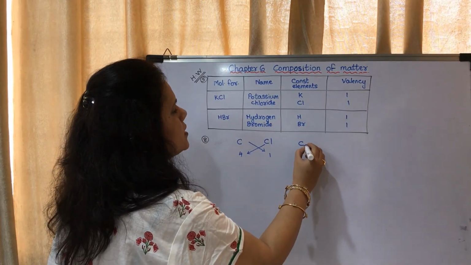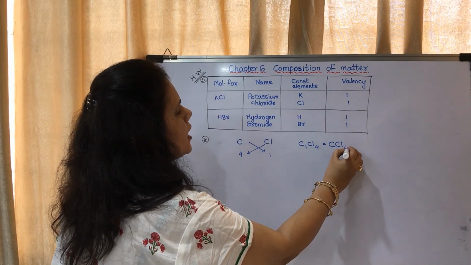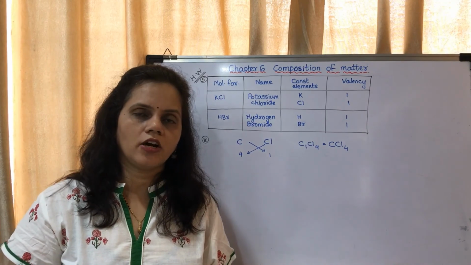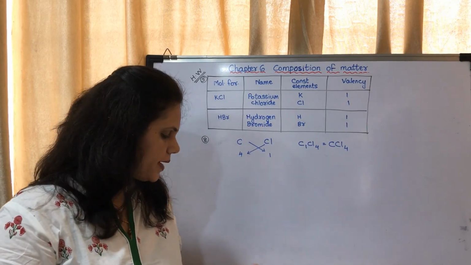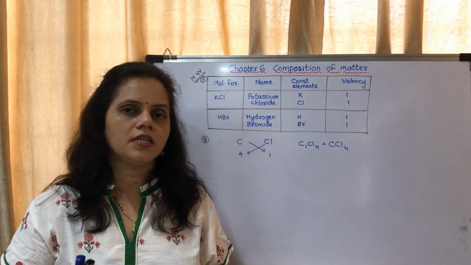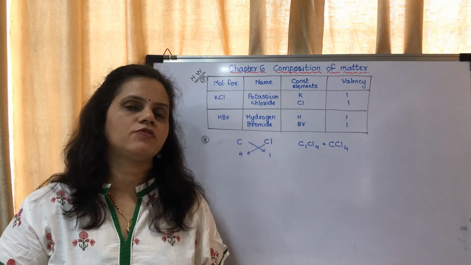So it will be C1Cl4, which is equal to CCl4. Now how you have to write this? You have to write this according to the steps given on page number 46: step 1, step 2, step 3, step 4. You have to write the statements also. This much for homework today.